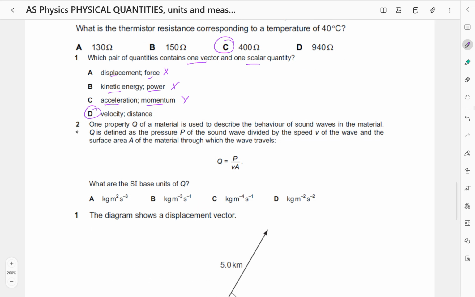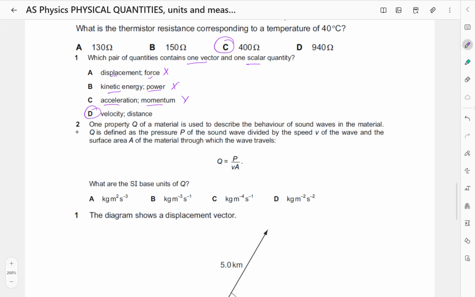One property Q of a material is used to describe the behavior of sound waves in the material. Q is defined as the pressure P of the sound wave divided by the speed V of the wave and the surface area A of the material through which the wave travels. That is, Q is given as P over VA.